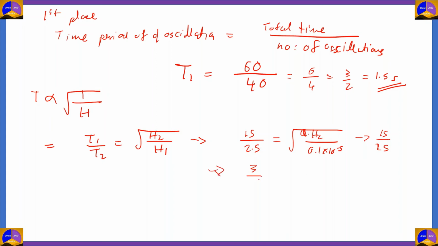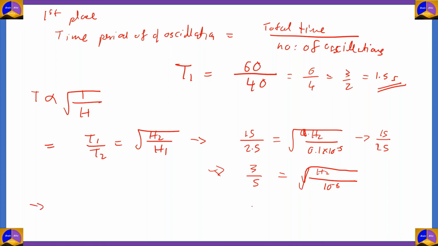So 3 by 5 is equal to, inside the root, H2 divided by 0.1, which can be written as 10 raised to minus 1. So 10 raised to minus 1 into 10 raised to minus 5 gives you 10 raised to minus 6. So H2 divided by 10 raised to minus 6 inside the root.